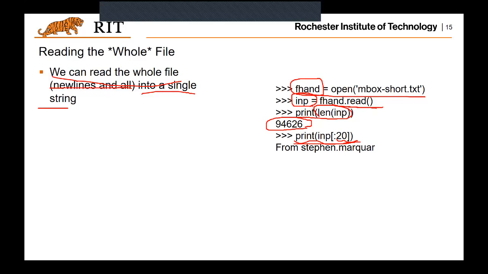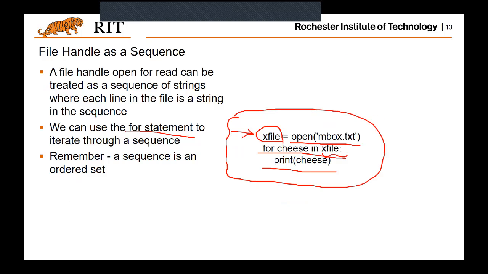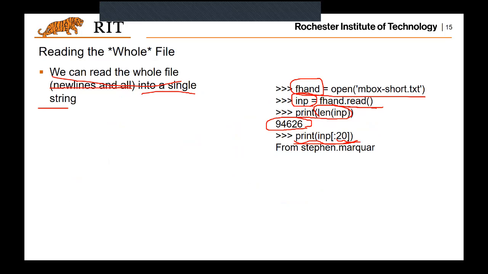If we go back to the original file, 0 to 20, that is from F to somewhere here. And it turns out to be something like this. So that's how we convert the whole file into a single string.